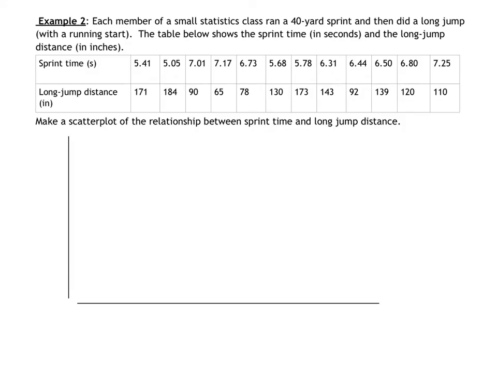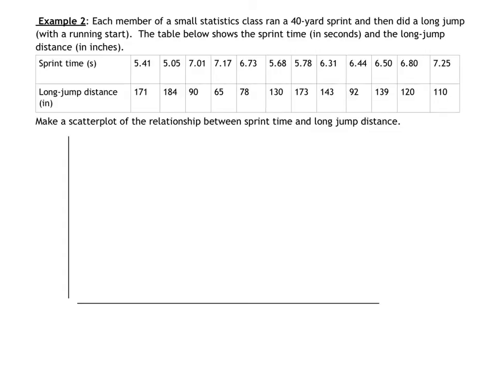So we're going to do an example of a scatter plot now. And in this one, we want to show the relationship between sprint time and long jump distance. So if you read through the problem, we're not really predicting distance based on time or time based on distance. So actually, there's nothing we can really say would be classified as our explanatory or as our response variable.